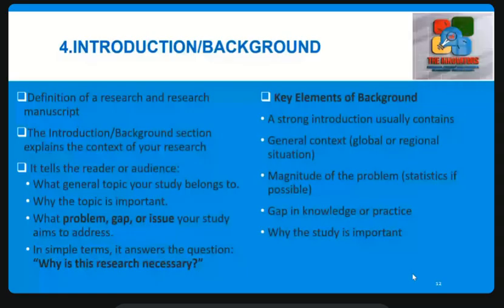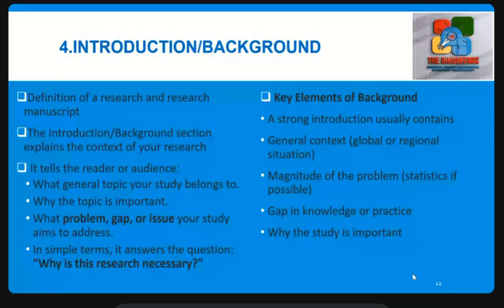So these are the key terms when writing an introduction. When writing the introduction part of the abstract for a manuscript needed for scientific publication, remember to include the gap.